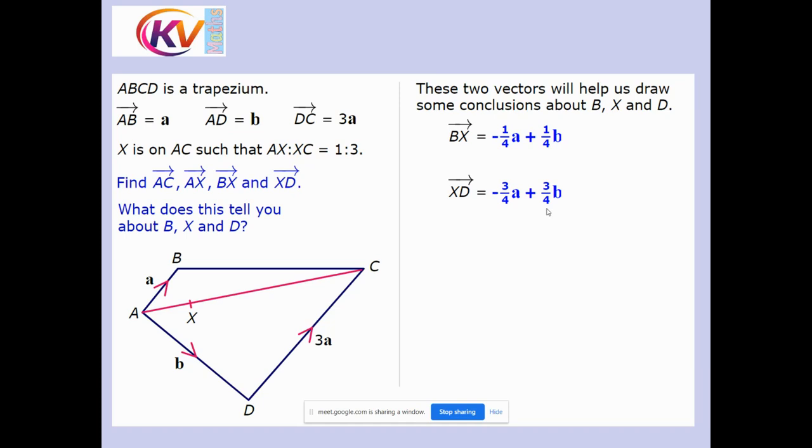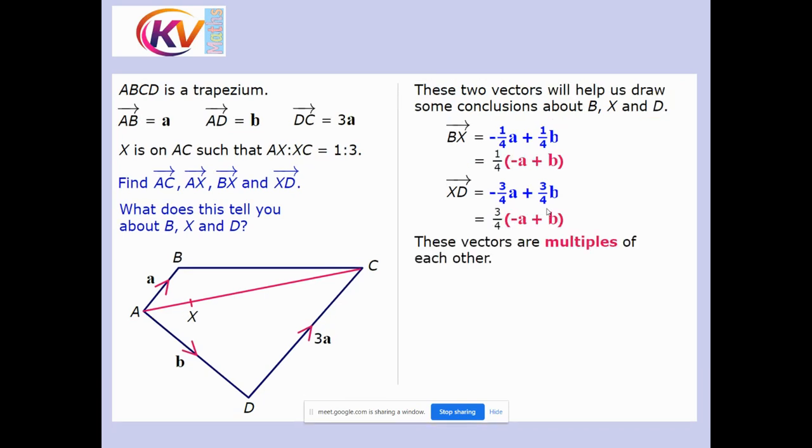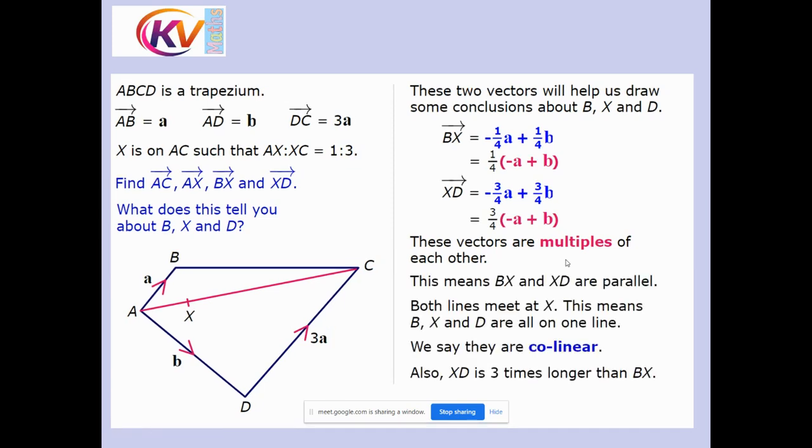What does the multiple tell me they are? Perfect. Okay, so if I factor out, this one has a common factor of a quarter, so it's a quarter of negative A plus B. This one's got a common factor of 3/4, so again 3/4 of negative A plus B, proving that they are multiples of each other and hence they are parallel.